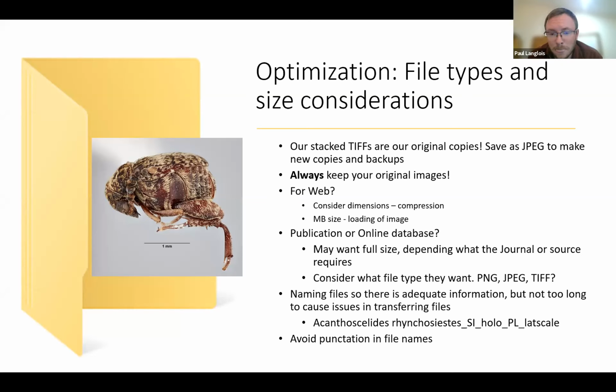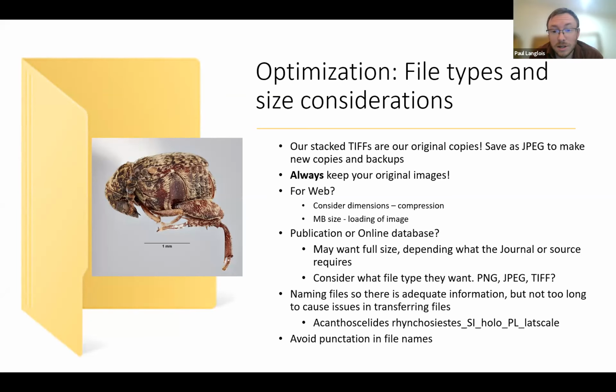So those are never sized down ever more. They're kind of just our backups as the highest quality for storage that we can have. So we'll save JPEGs from new copies of that and create backups of that, but we'll always keep our TIFFs, and we always suggest you always keep your original images.